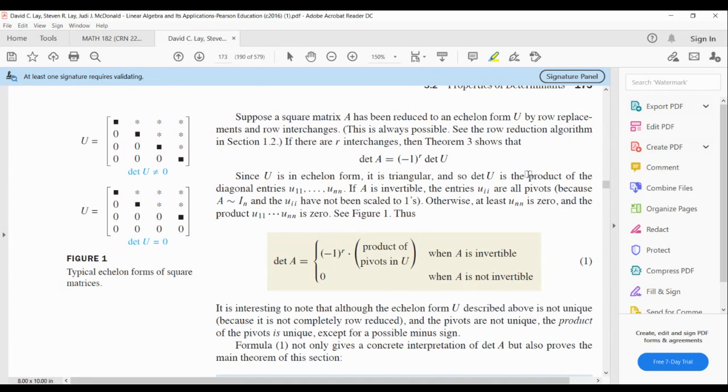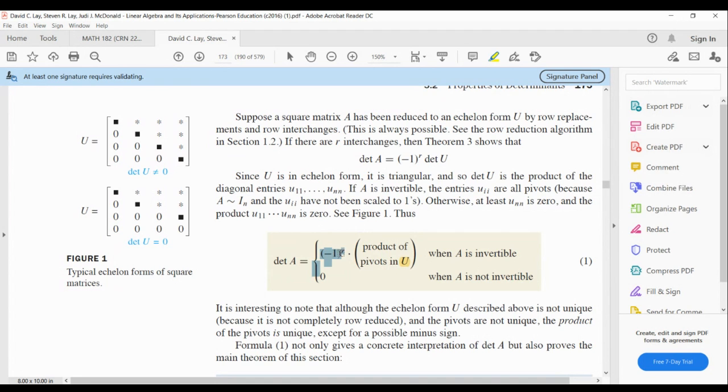And property A, where you multiply one row of the matrix and add it to another row, that doesn't change the value of the determinant. And then property B, interchanging the rows, that introduces a negative. So once you get the matrix in echelon form U, you can just use the product of the pivots to finish off your determinant result.